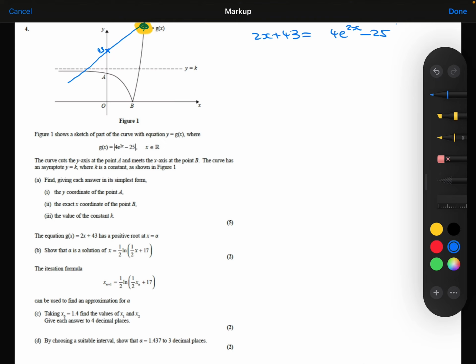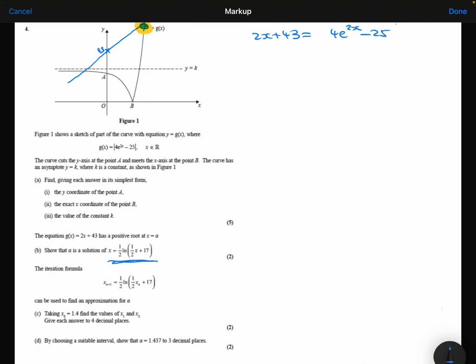Right, I now need to rearrange this equation so it looks like this. So I want to introduce a logarithm to it. So that's making me think, make e to the power 2x the subject. So I'm going to add 25 to both sides. I'm going to divide both sides by 4.